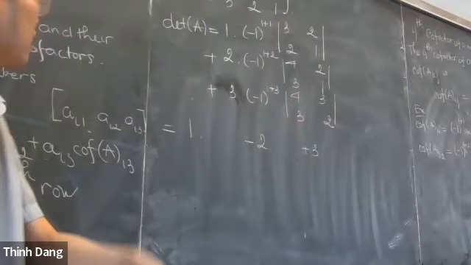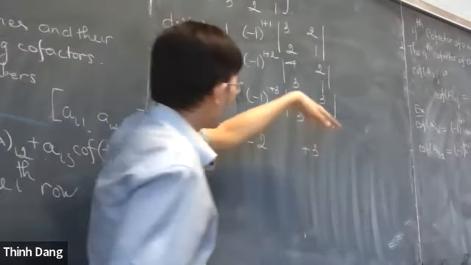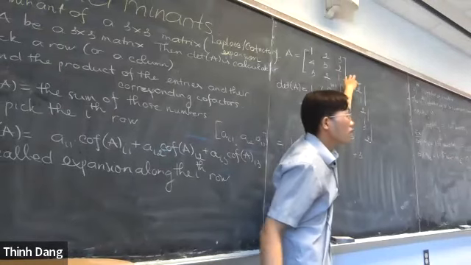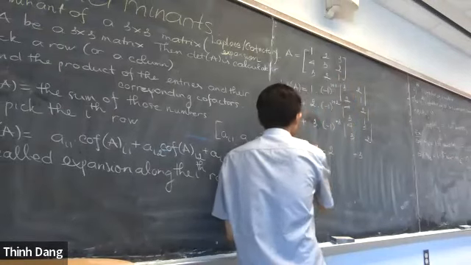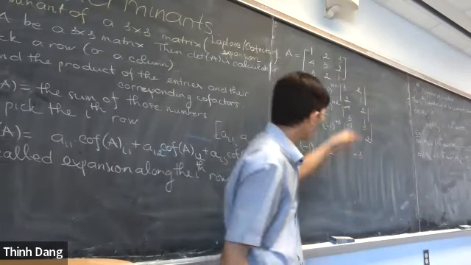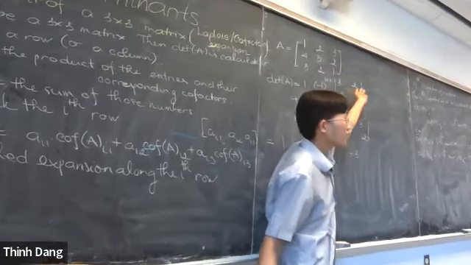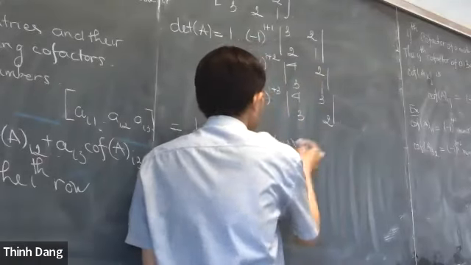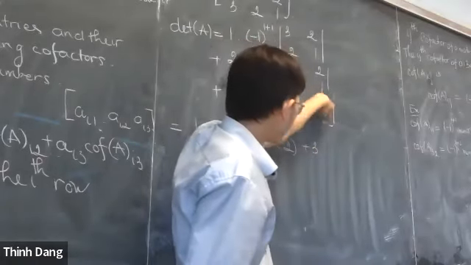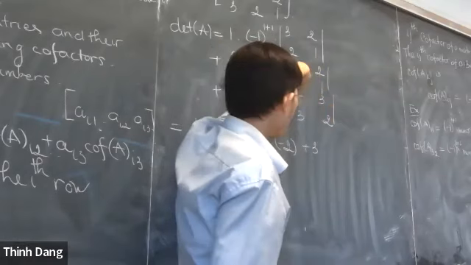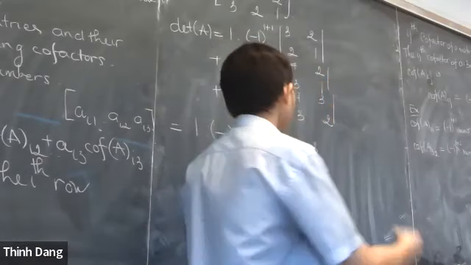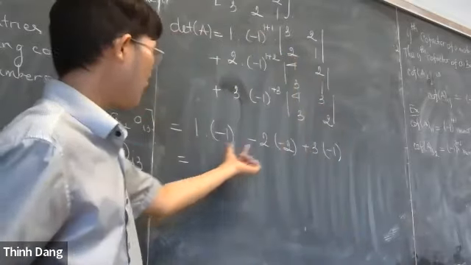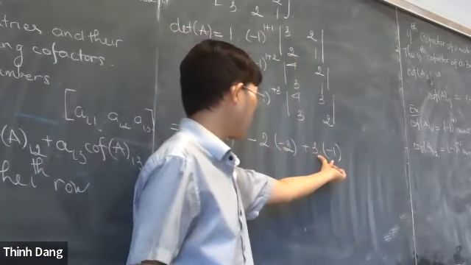Okay, let's calculate the determinant of these 2 by 2 matrices. So we should have 3 minus 4, so the answer should be -1. Then 4 minus 6, so it should be -2. Last but not least, 8 minus 9, so the answer should be -1. So here we got -1, we got 4, we got -3.